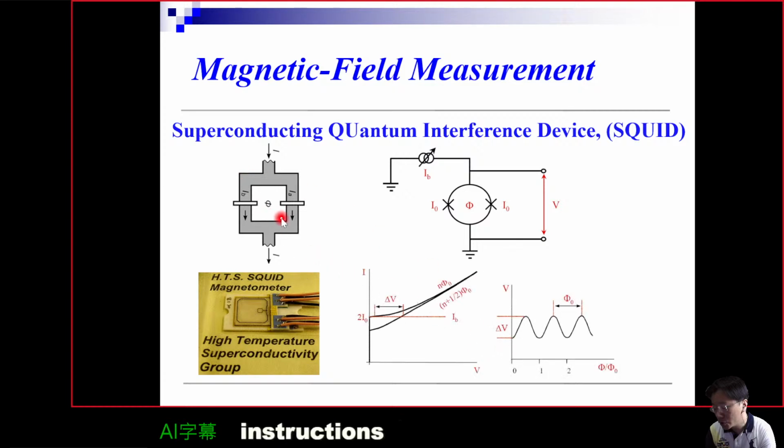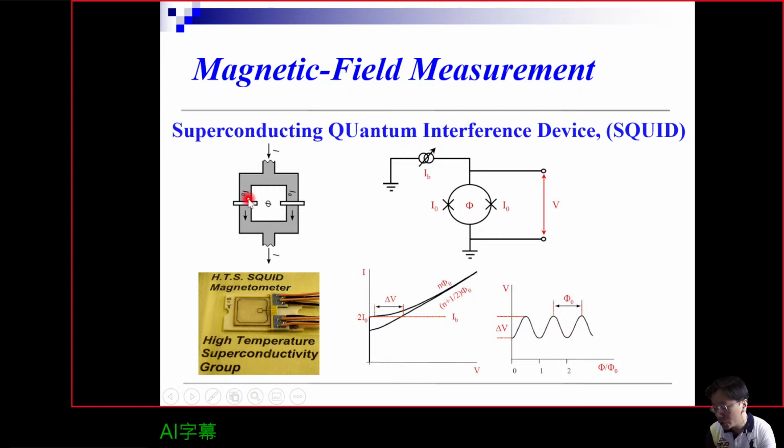Okay, the SQUID can measure the magnetic flux individually. What does that mean? Because the magnetic field is quantized by the superconducting current.